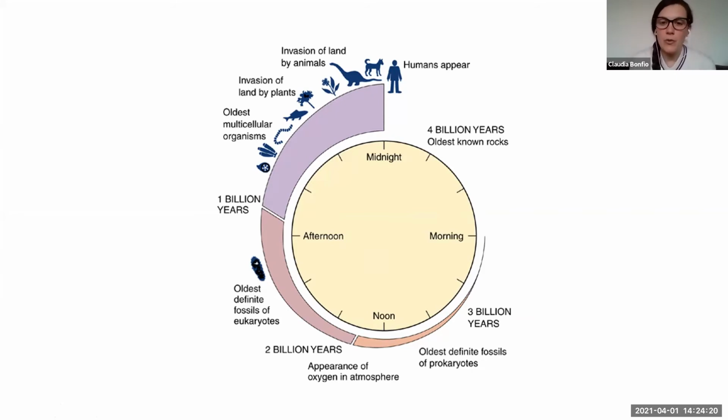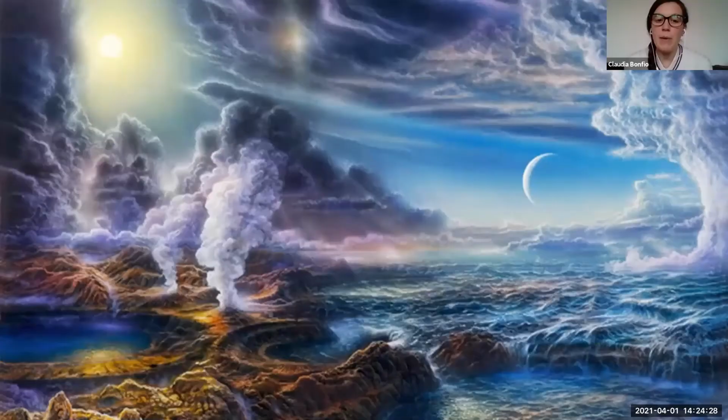So what we need to think about when we try to understand how life started on our planet is how our planet was about 4 billion years ago. And the answer is that the planet was very, very different from the planet that we have today. The first thing you can think about, for example, is that now we have oxygen in the atmosphere, and we know that oxygen is fundamental for life.